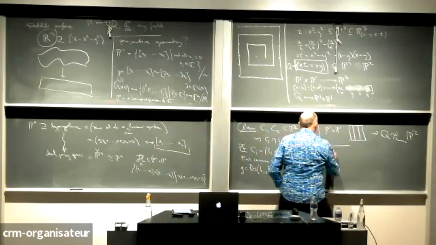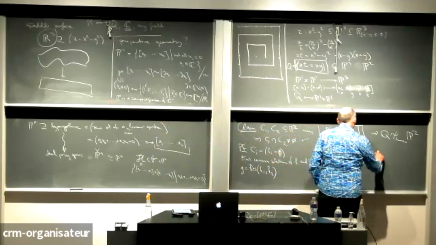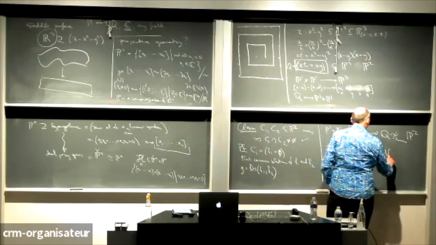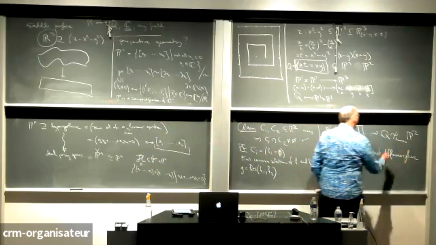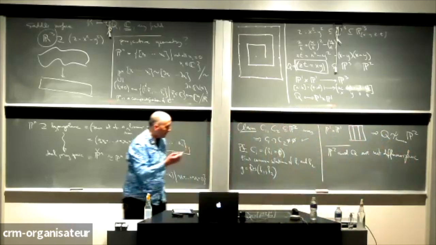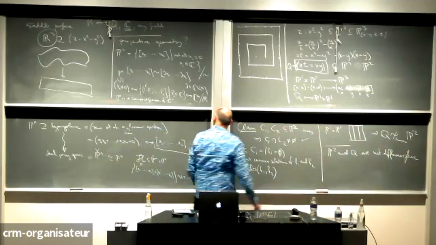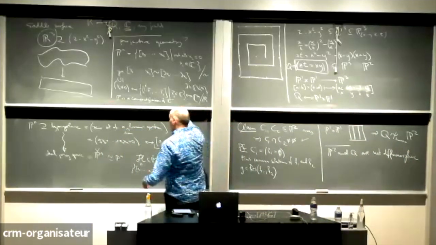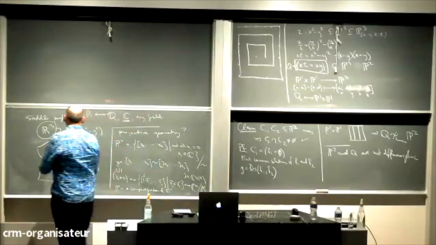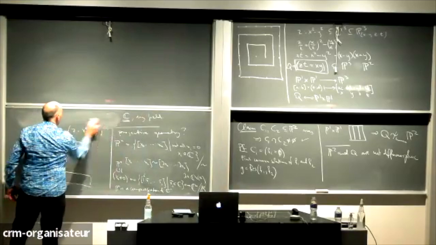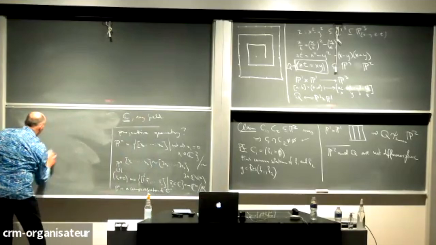So P2 and Q are not diffeomorphic. By that, I mean that if I think of them as smooth manifolds, not even complex manifolds, then they're not diffeomorphic. So that actually tells us that as complex manifolds, they cannot be deformed into each other.